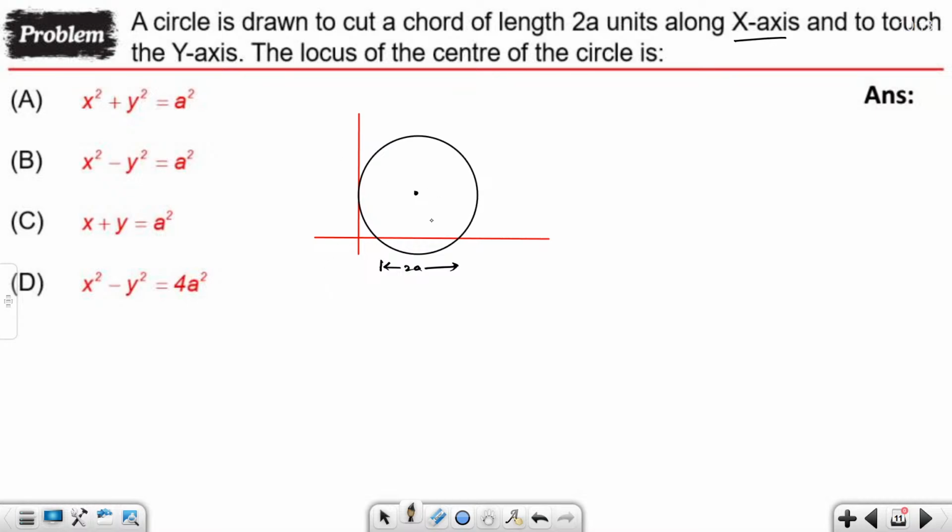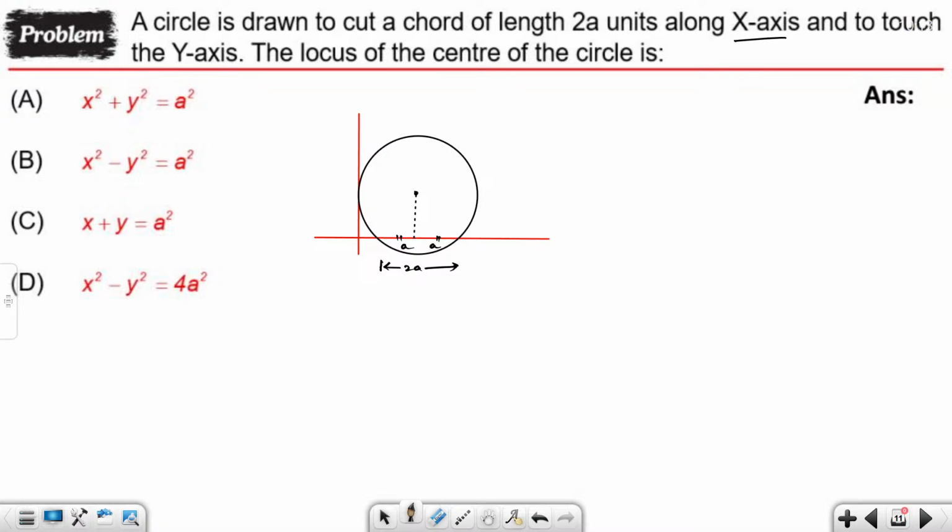So let me do one thing. From this center, let me draw a perpendicular on the x-axis. If I draw a perpendicular on the x-axis, what will happen? It is going to bisect the chord. That is, this length will be a, this length will also be a. Is it clear?